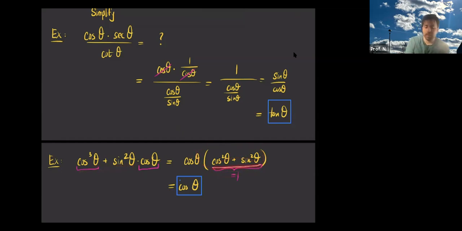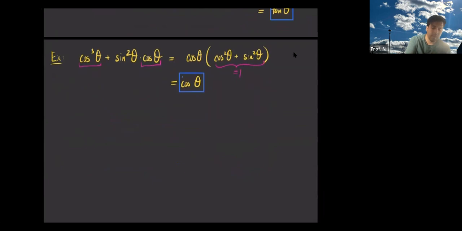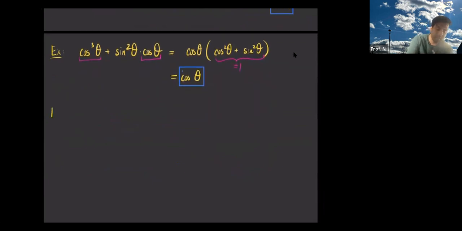So cosine squared theta plus sine squared theta, guys, this is going to be something essential that you have to have now in your back pocket. You have to be able to notice it, recognize it, identify it, because it always equals 1. And if it equals 1, that just goes away. It just becomes 1.